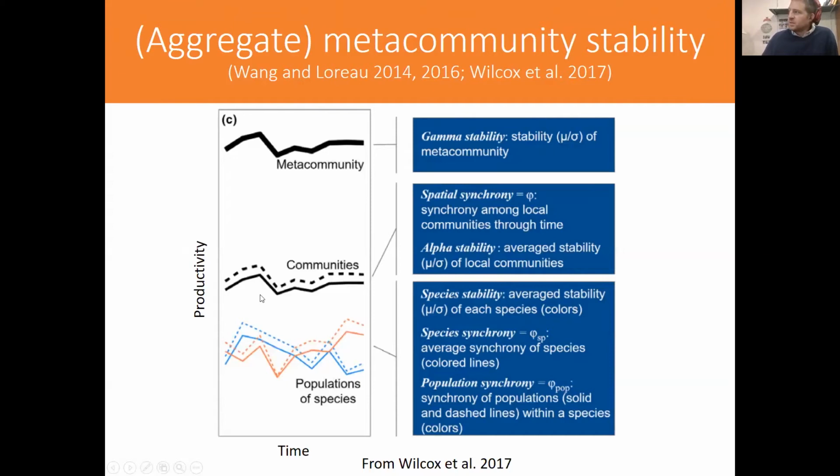So in this case, we can think of productivity in communities 1 and 2, and how they fluctuate together to affect total metacommunity productivity.